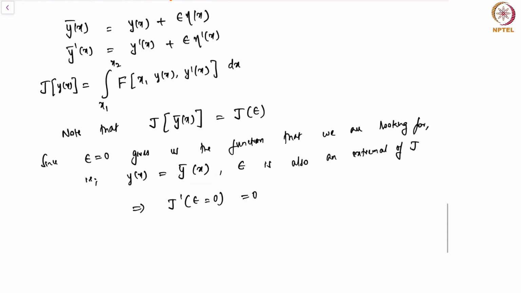So physically what it means is, let's look at a simpler case. If you were to do a classical maximization or minimization, here's a function, some arbitrary function in space, and we want to find the minimum.